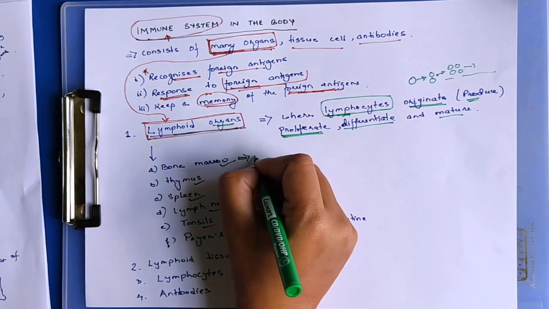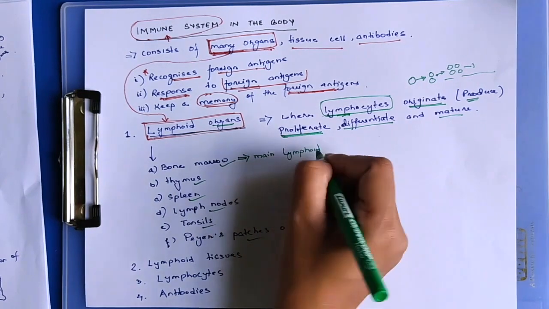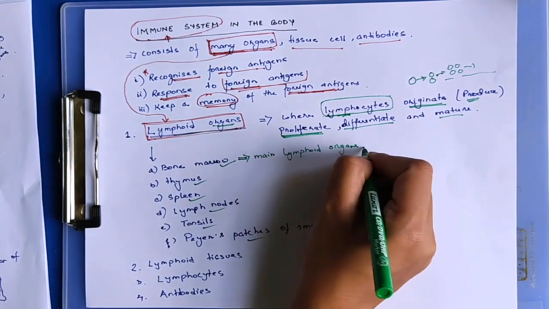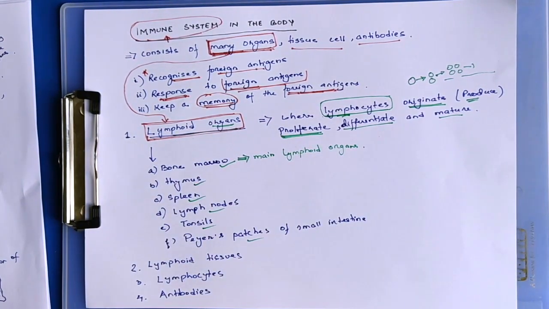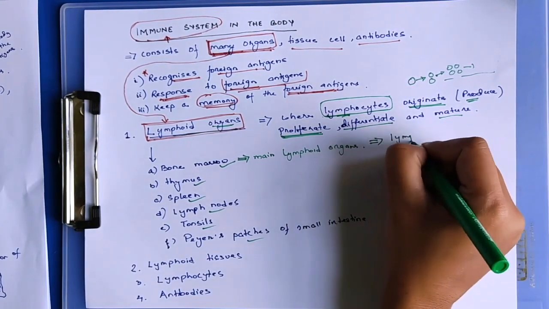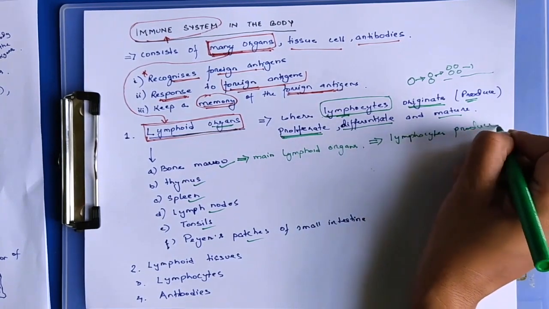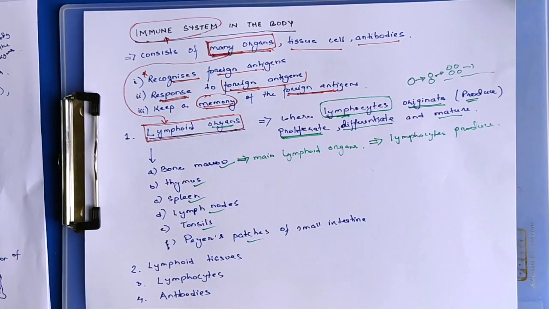Bone marrow is the main lymphoid organ, because bone marrow is the place where lymphocytes are produced.